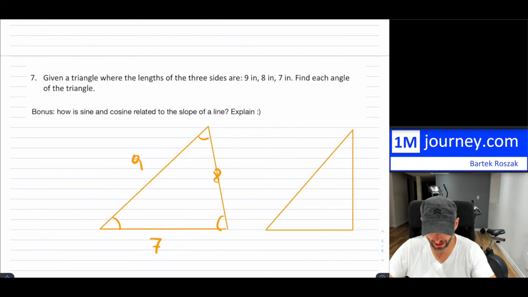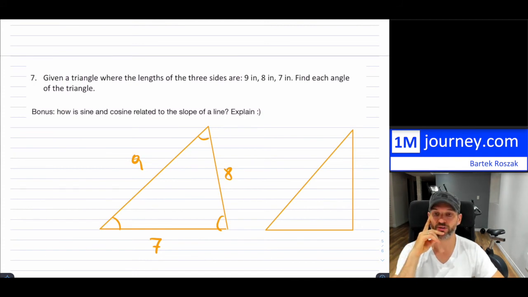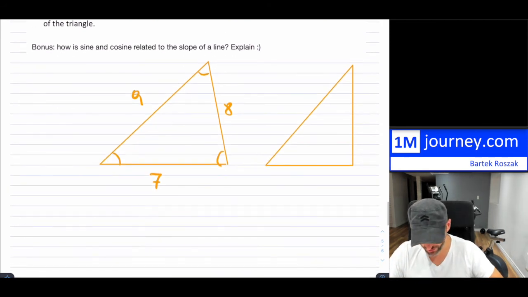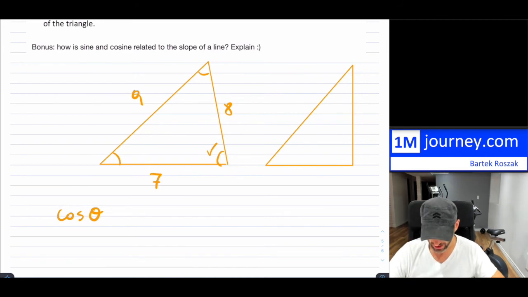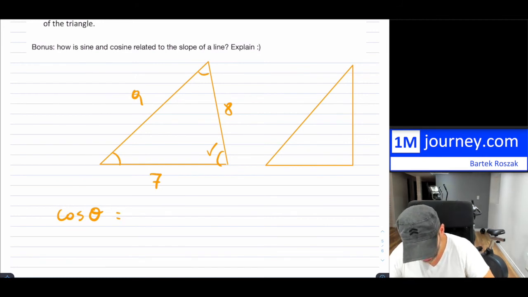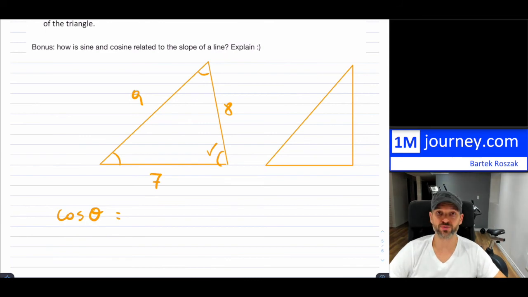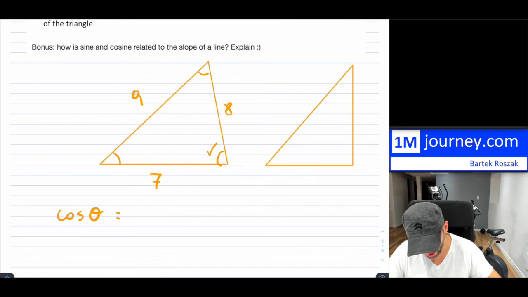So how do we find the angles if we only know the lengths of each side? The answer is we can use the cosine law. All I need really is just one of these angles. There are 2 ways of writing the cosine law, and this one is for the angle.